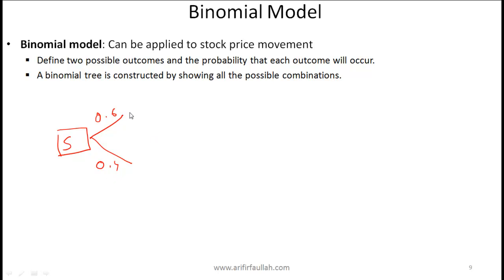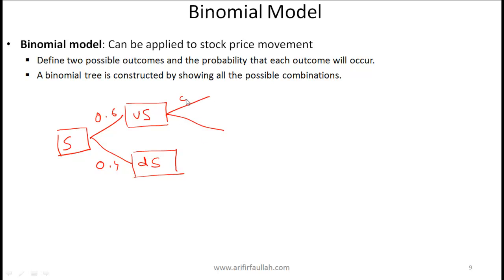If the stock price goes up, let's say that it goes up by a factor of u, so the probability that the stock price will go up is 0.6, and if it goes up, then the new price is u times s. And if the stock goes down, the probability is 0.4, and let's say that the down factor is d, so going down with 0.4, the price then is d times s. Now we can just continue with this.